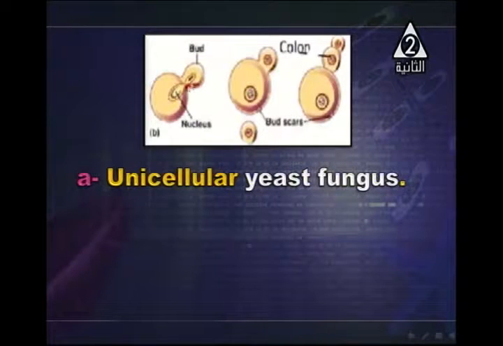Then the nucleus begins to divide mitotically and splits into two nuclei. One of them stays in the parent cell and the other migrates to the bud.